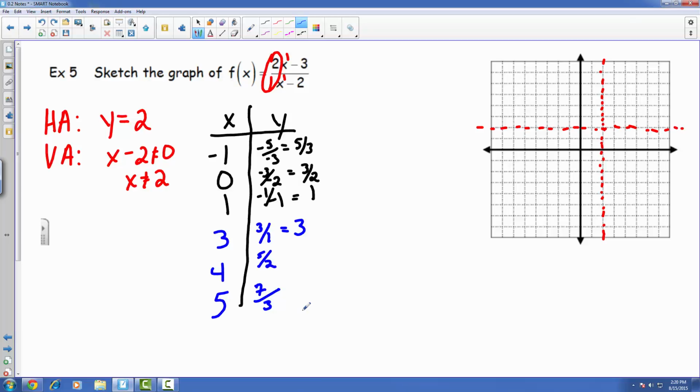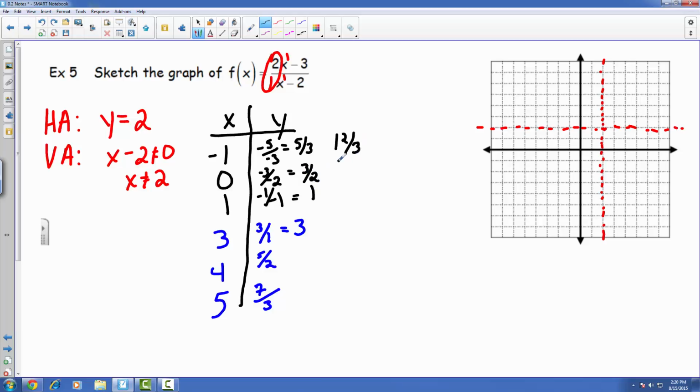Alright. Because we see a lot of fractions, let's go ahead and change those to more proper fractions. That way it's a little easier for us to graph. So this will end up coming out to be 1 2/3.